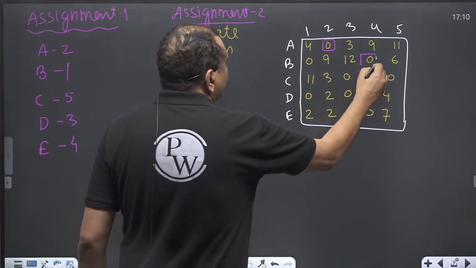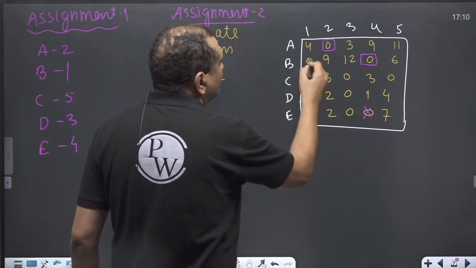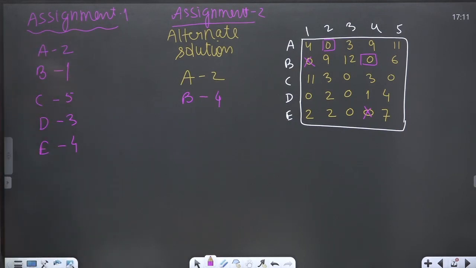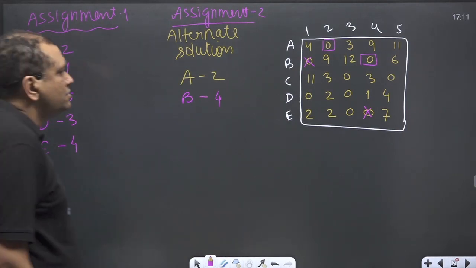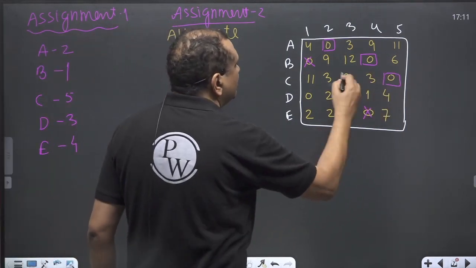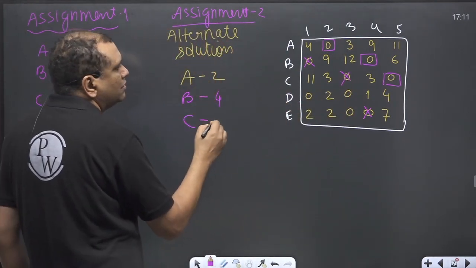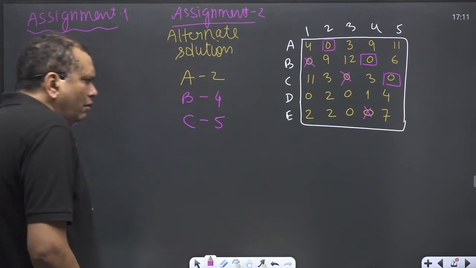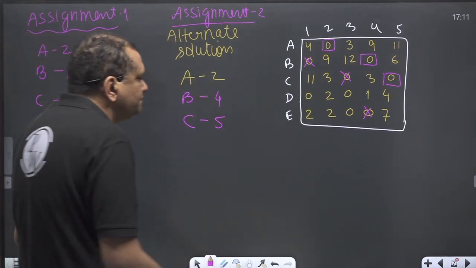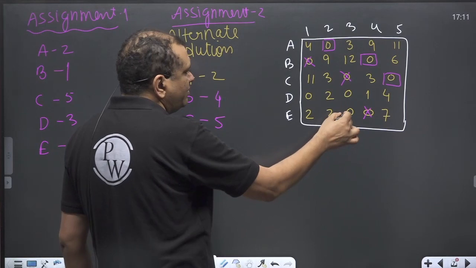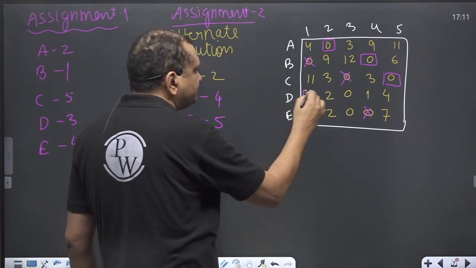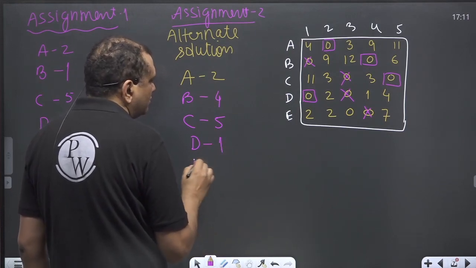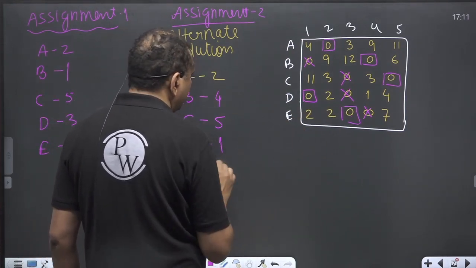This B, let us make assignment here. So B is to 4. C, let us assign here, 5. D 0 0. If I assign 0, this will be cancelled. That I don't want. D is to 1 and E is to 3.